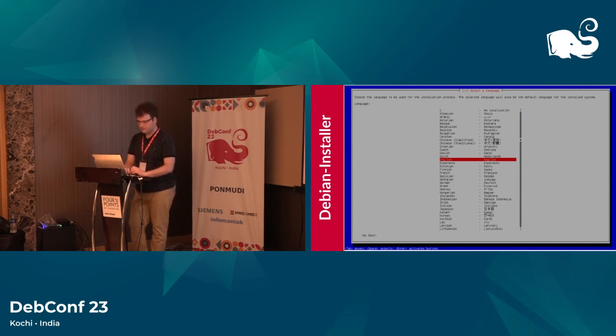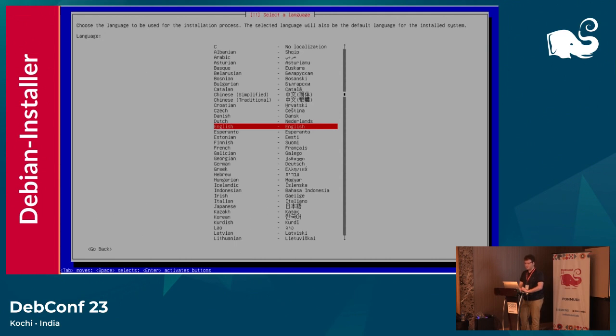You might be more familiar with this. It may be hard to read for the audience, but notice how some languages are missing from this because the text-based cannot support fonts needed to render some languages. That's one of the problems this one has. So I prefer the graphical one.